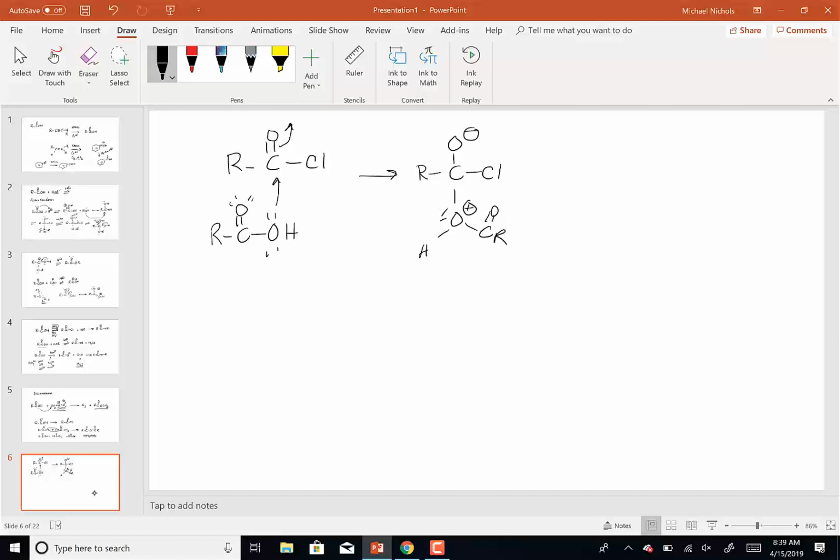So one of the things that could happen is we could end up just transferring the hydrogen so that I end up with this. And so now in the last step, remember I want to make an anhydride. In the last step, what should happen? Table 10.